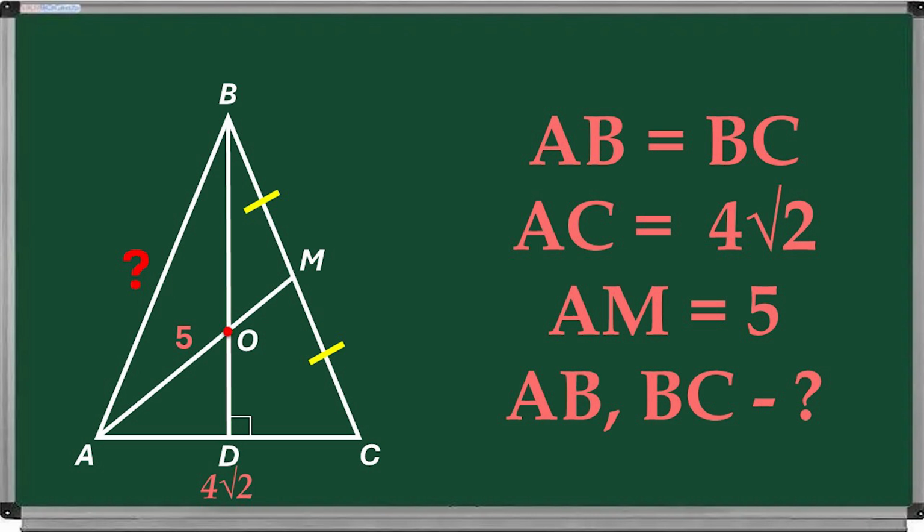Because BD is also a median, the intersection point O divides it in a 2-to-1 ratio. This means BD is 3 times the length of OD. With the full length of BD and the length of DC, we can finally calculate the lateral side BC using the Pythagorean theorem in triangle BDC. So let's begin by finding the length of the segment AD.